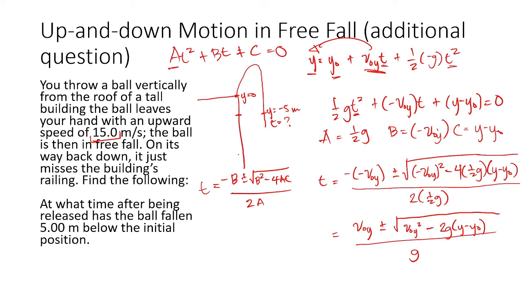Alright? And for your g, you just need to substitute 9.8 meters per second squared. And your y will actually be equal to negative 5 meters. And your y naught will be equal to 0.